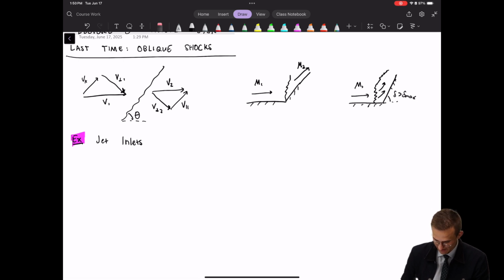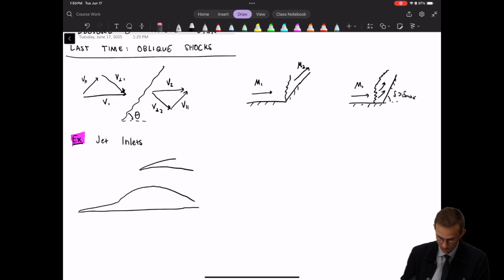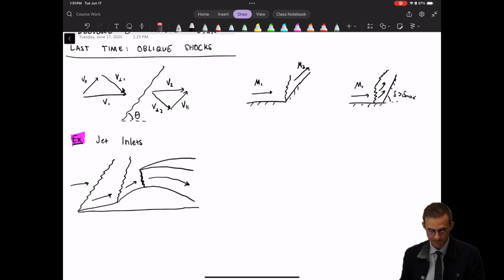But one thing that you can see on an inlet of a supersonic jet, say something like the SR-71, is that your jet inlet geometry might look something like this, where you have an oblique shock at the leading edge, and then there's another change in direction that causes a compression, and therefore another oblique shock will form. And then finally at the inlet is where you get that sort of normal shock, right? And so you have your initial flow coming in this way, then there's a change in direction here, another change in direction here, and then subsonic into the engine that way.